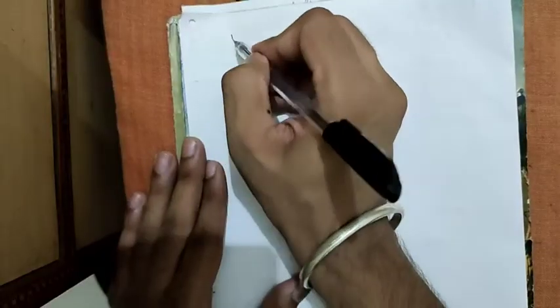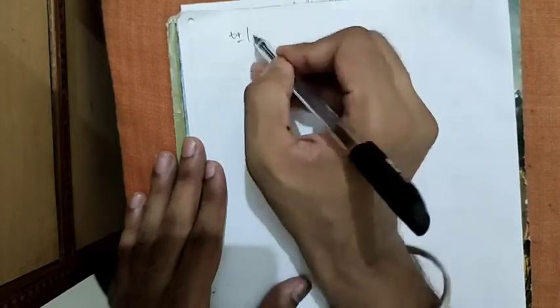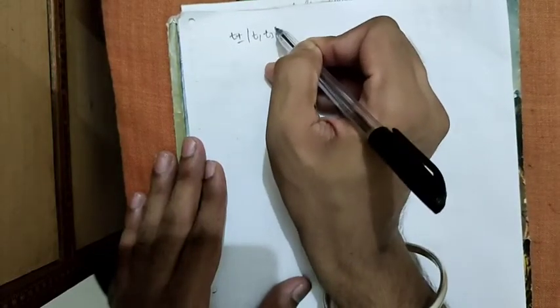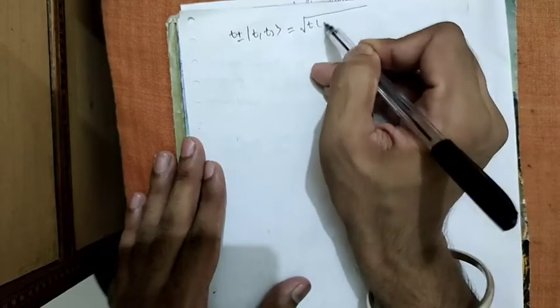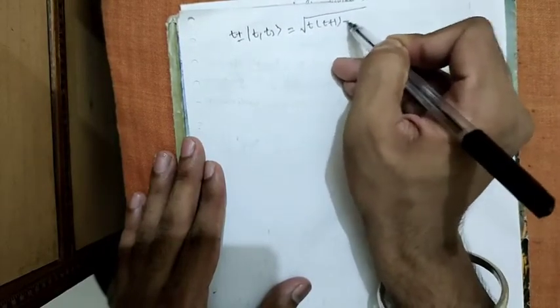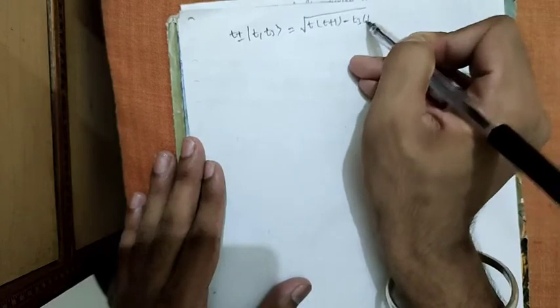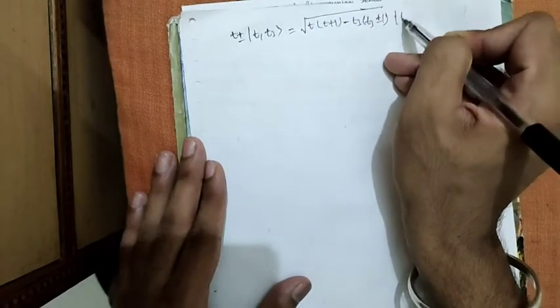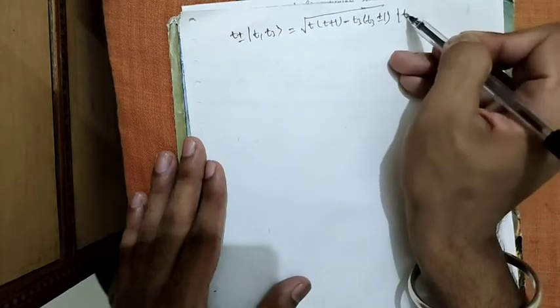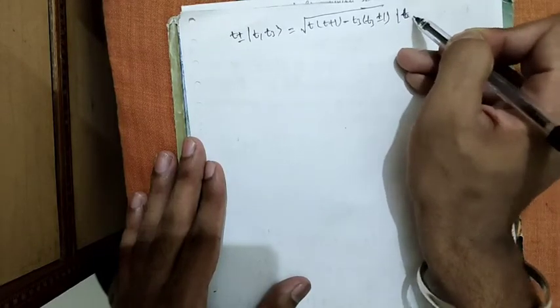When these raising and lowering operators act on the ket |t, t3>, the result is the square root of t(t+1) minus t3(t3 plus or minus 1), with the state changing by plus or minus 1, just as the m state changes in orbital angular momentum.